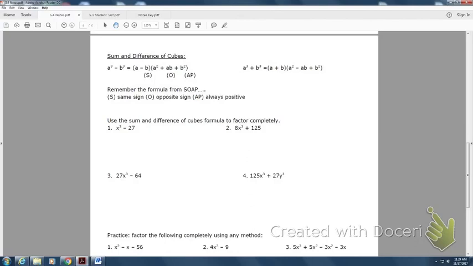If you look up in the examples, at the very top, that is a cubed minus b cubed. Since that is a subtraction problem, the signs in your final answer are going to be same, opposite, always positive. If it is a plus, it's going to be same, opposite, always positive.